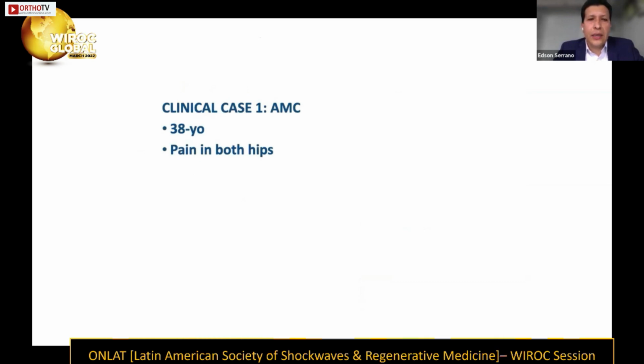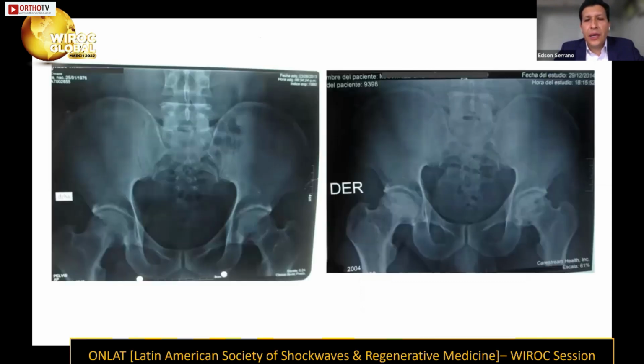Case 1 is a 38-year-old male with pain in both hips. One year after, in the right side and the left side, there was another X-ray. We performed this treatment 8 years before.